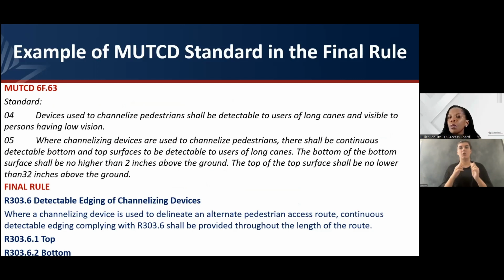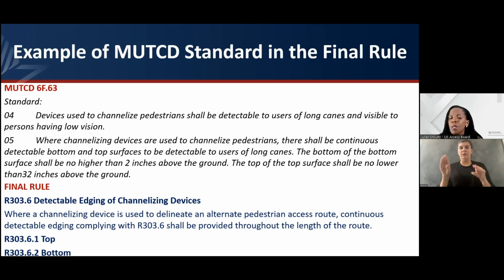Let's start with an example of MUTCD standard language that is now in the final rule. MUTCD 6F.63 standard, lines 4 and 5, discuss the use of channelizing devices at alternate pedestrian access routes.